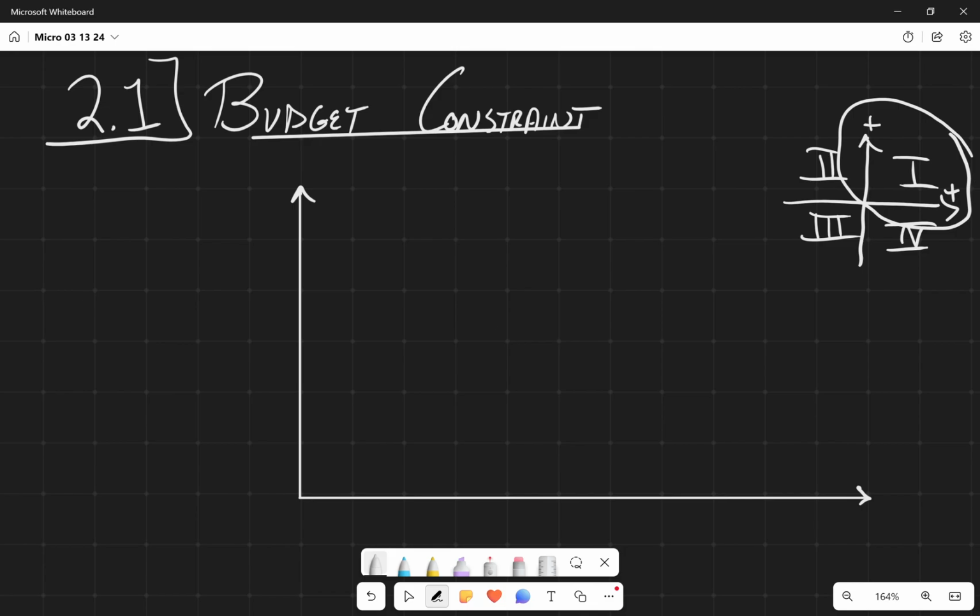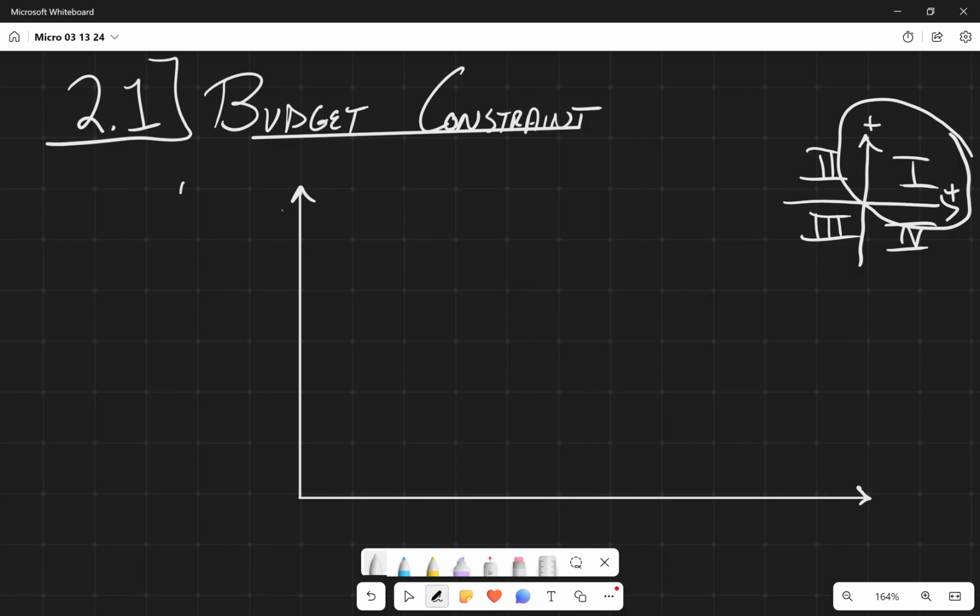So we're just dealing with this part of the Cartesian coordinate plane, which is why we always start with a big L. And this one is different than the rest of the graphs we're going to be using in this class, because in the rest of the graphs we always have a price or a dollar value on the y-axis, and then something on the x-axis in terms of quantity of goods. But when we're talking about budget constraints, we're going to have goods on both axes.